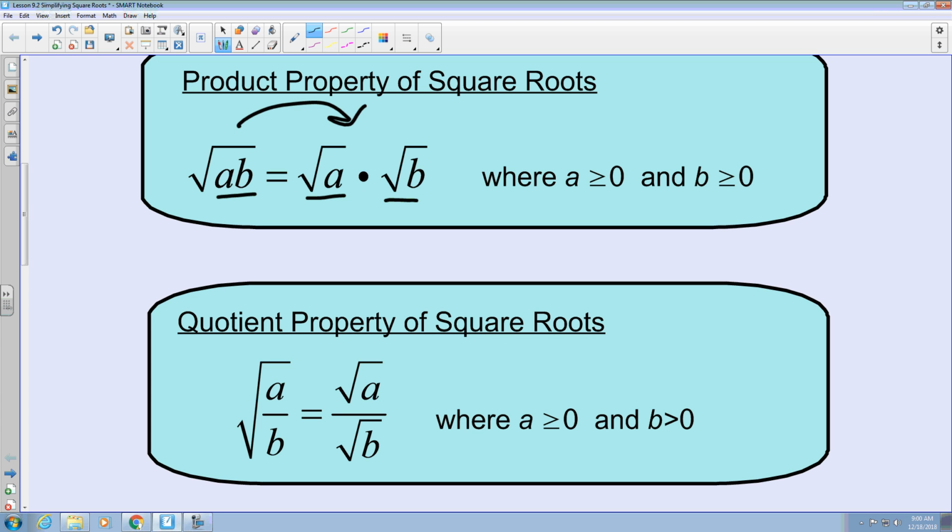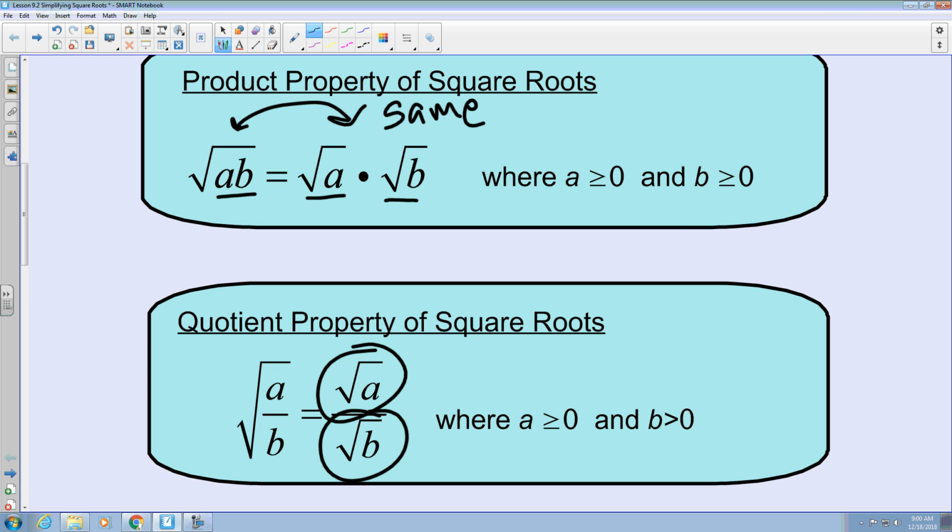These two things are the same. Same thing goes for quotient or division. You could make a fraction and put the square root over the entire fraction, or you could put square roots over the individual numerator and denominator. Those things are the same.